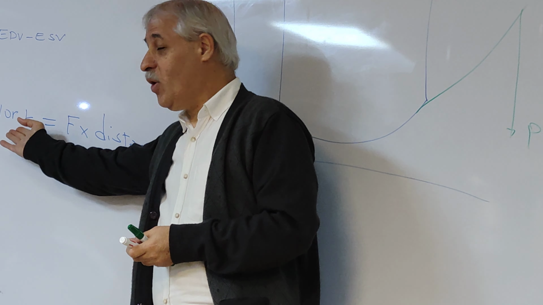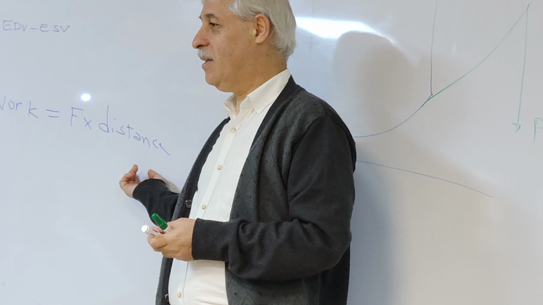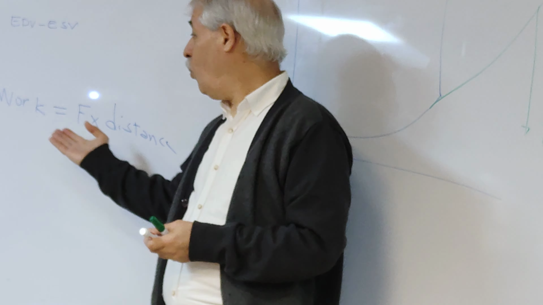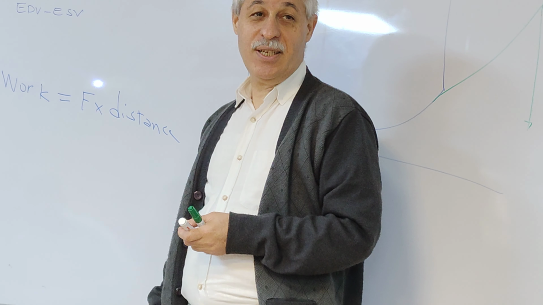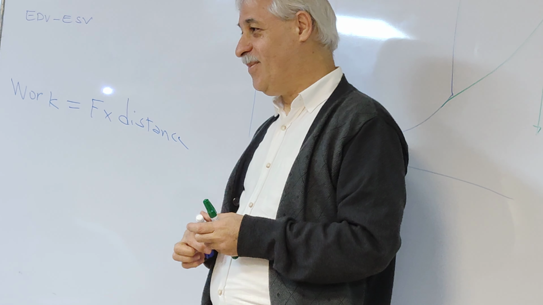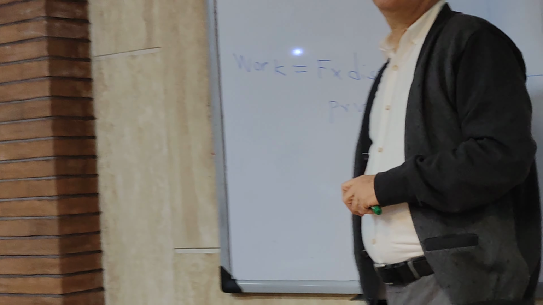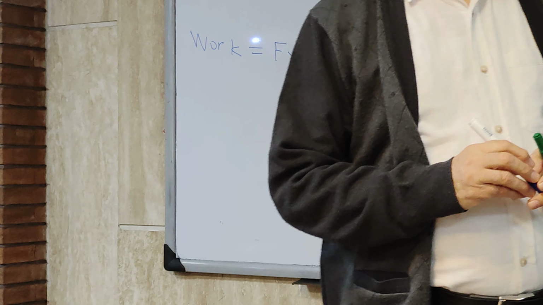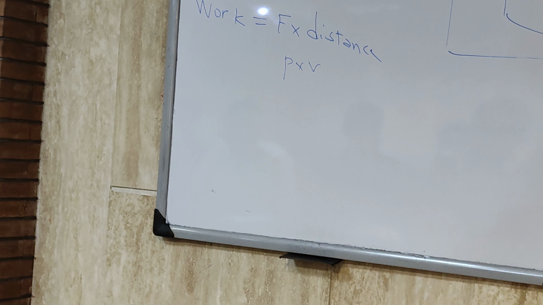Yeah. Work equals force times distance. Here, when we are talking about the work inside the heart, this force is pressure, and the distance is volume. Work is pressure times volume. Am I right?